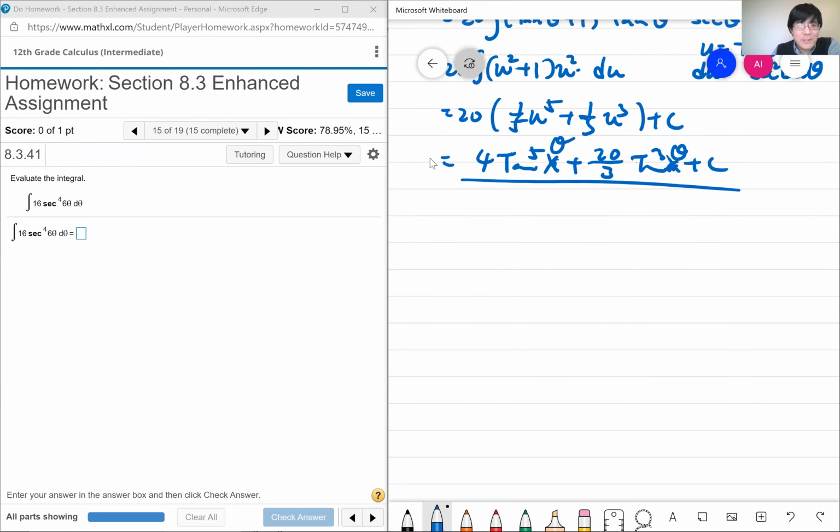Okay, next one is secant to the power fourth. Number 15. 16 times secant to the power fourth of 6 theta.